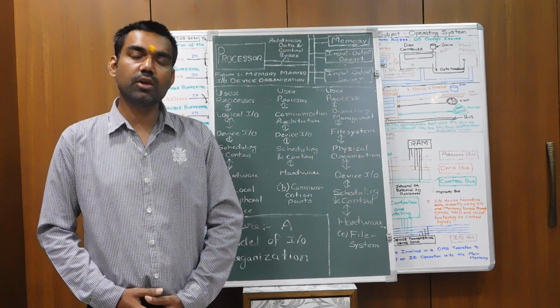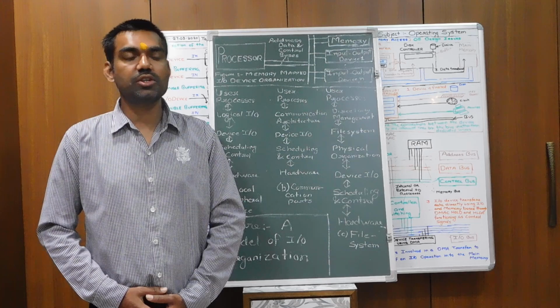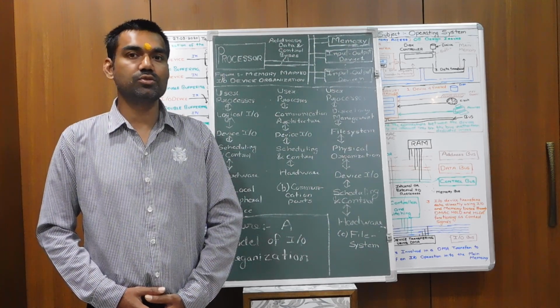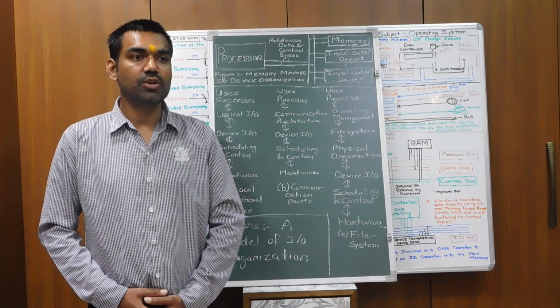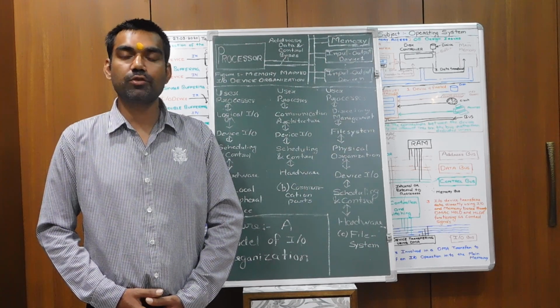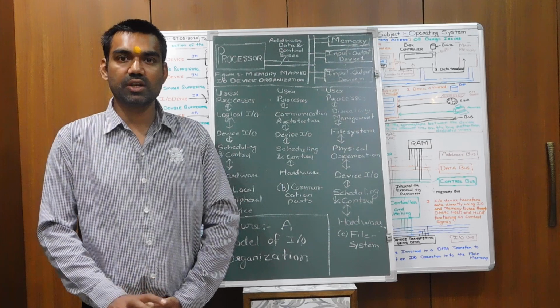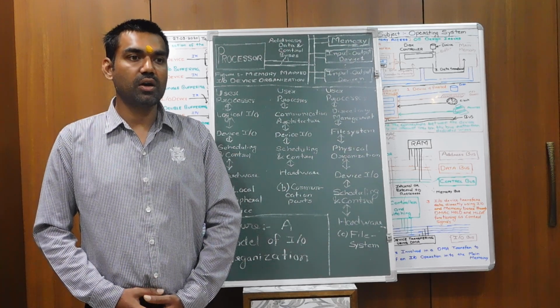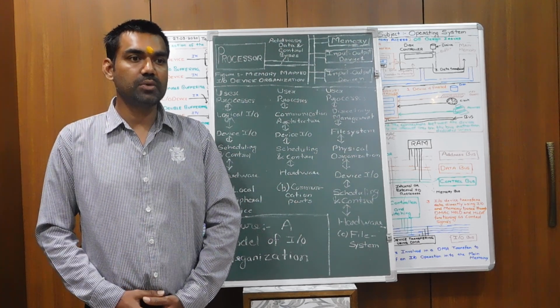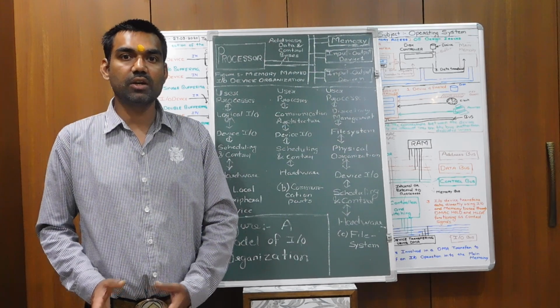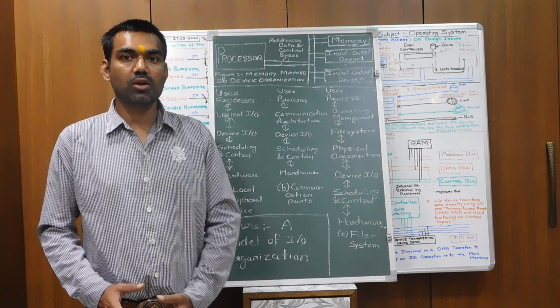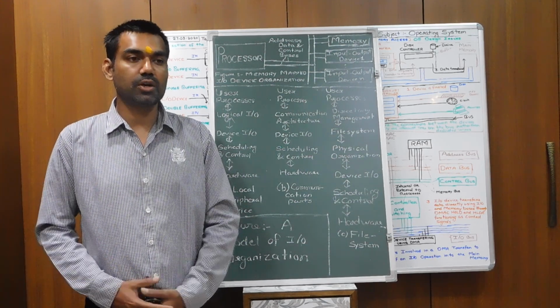When you are thinking of organization of functions associated with an I/O device, you are supposed to think of two major things. The first is the device itself, and the second is how the device is going to get interfaced with the other components of the computer system.